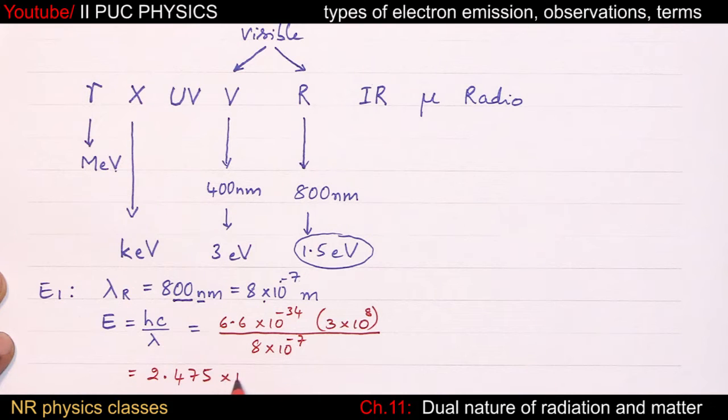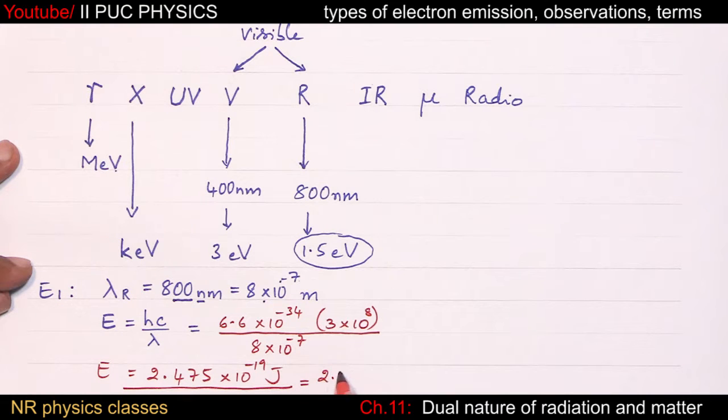Equal to 2.475 into 10 to the power of minus 19 joule. Don't worry about me, I just used calculator. Don't get surprised. So this is energy in joule, but I want this energy in electron volt.